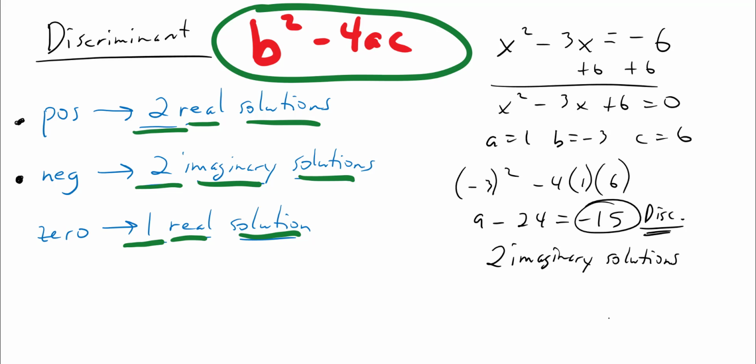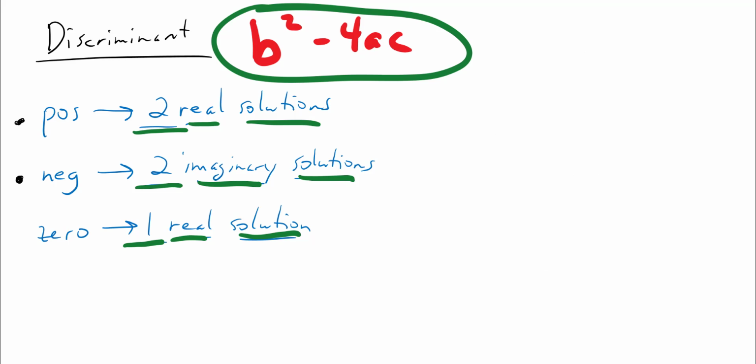All right, let me do one more example here. We'll do 2x squared minus 8x is equal to negative 8. Let's find the discriminant.